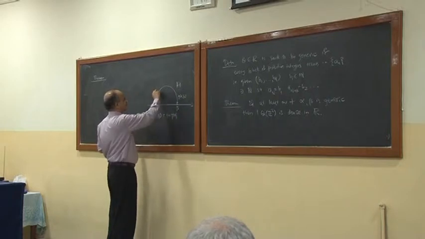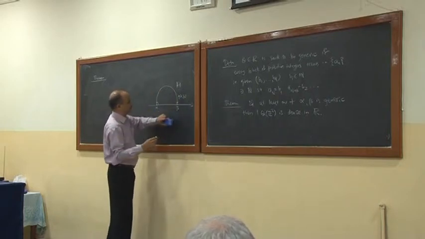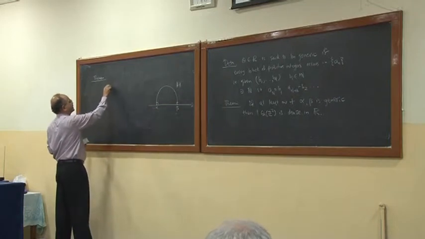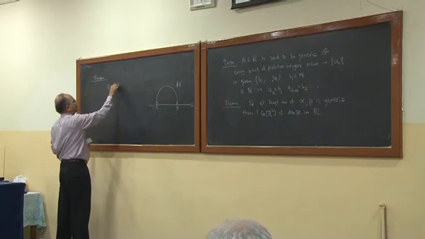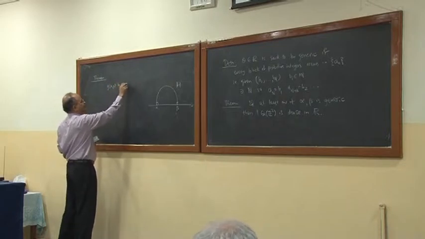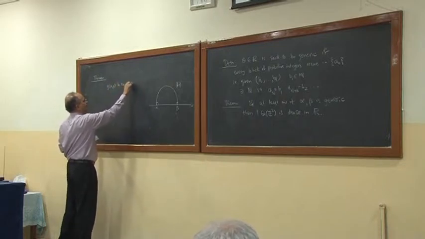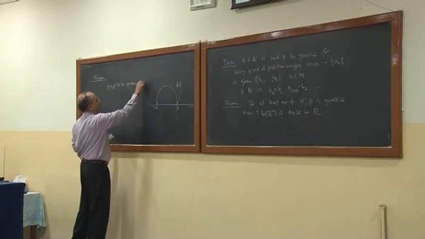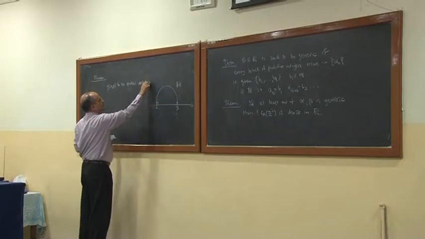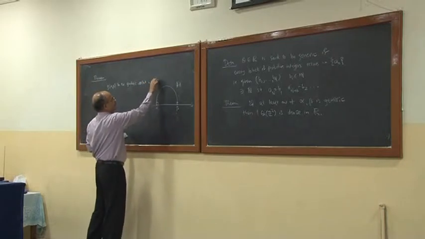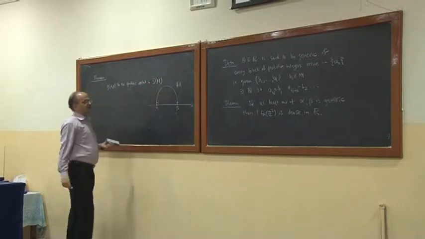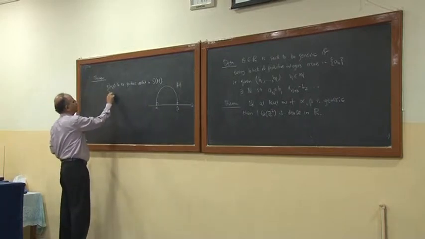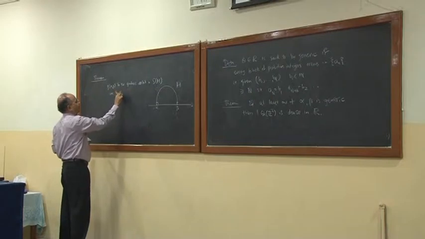Okay, let G alpha beta be the geodesic orbit in the unit tangent bundle corresponding to alpha beta.